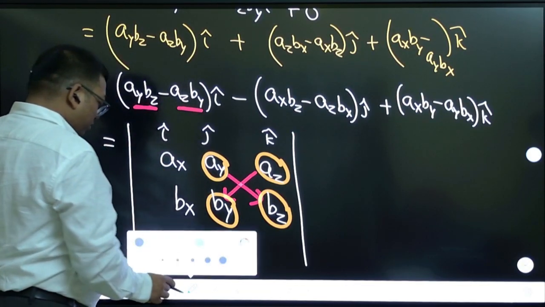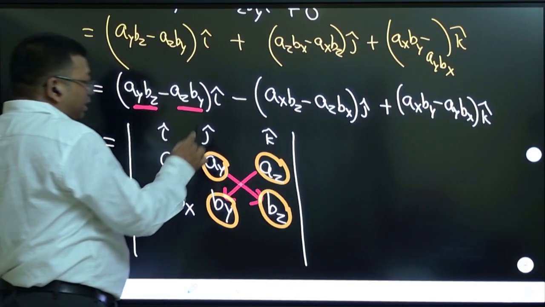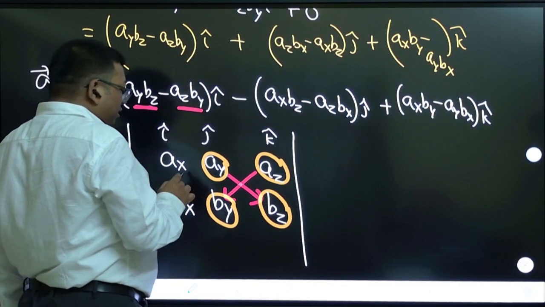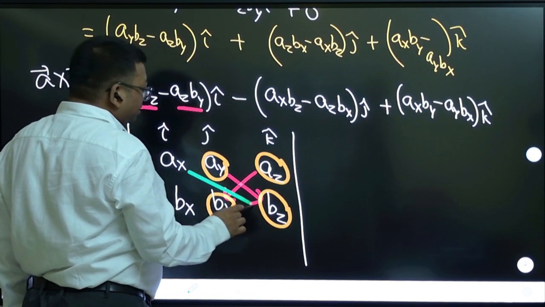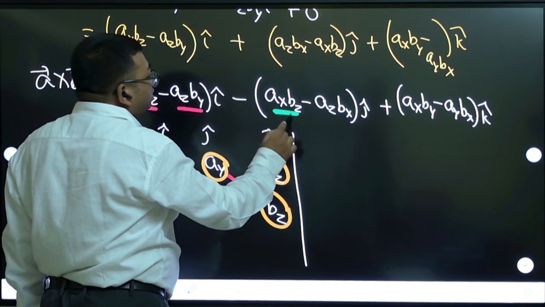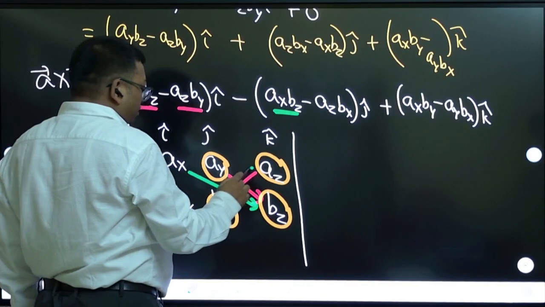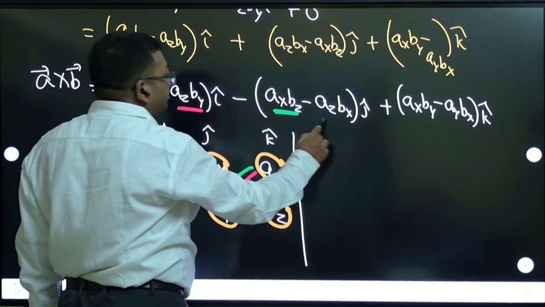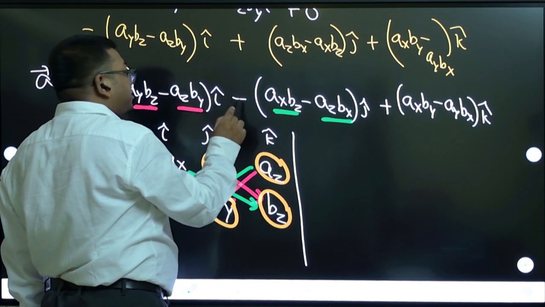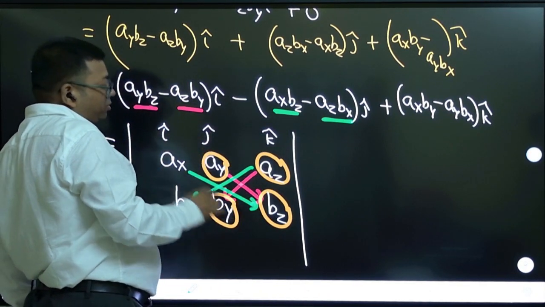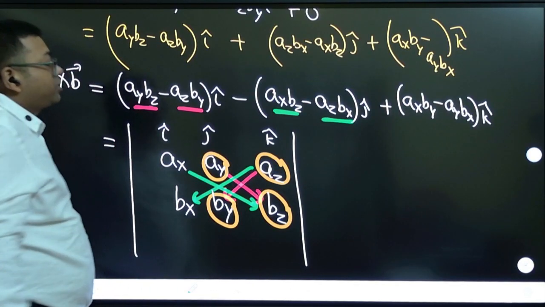Then let us go for the next. Next j I am leaving. Then I have to multiply ax bz, then minus az bx. Same thing is coming. But since I have taken this minus outside, I have to go from left to right, not from right to left.